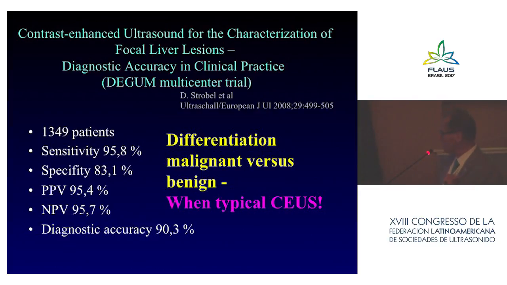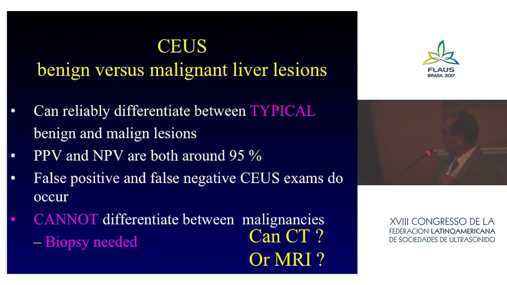That is very, very good, a very high diagnostic accuracy. So in other words, if you have a typical contrast study, you can reliably differentiate between typical benign and malignant lesions. Of course, there are false negatives and false positives, they are everywhere, but they are rare.